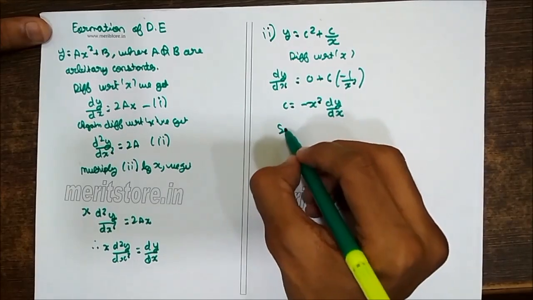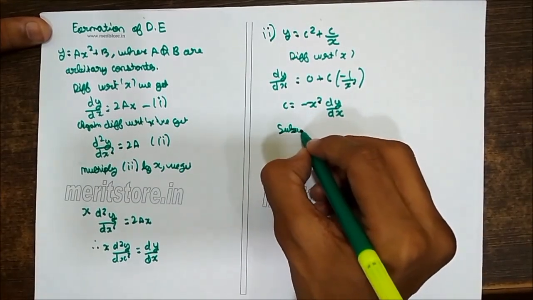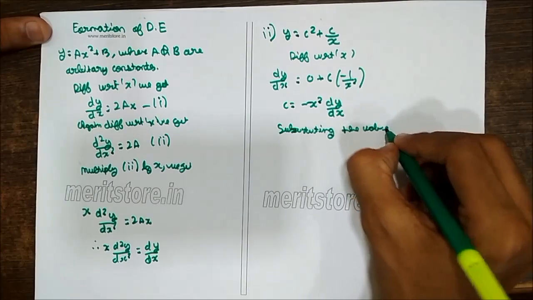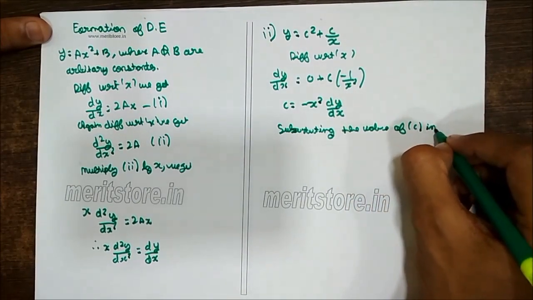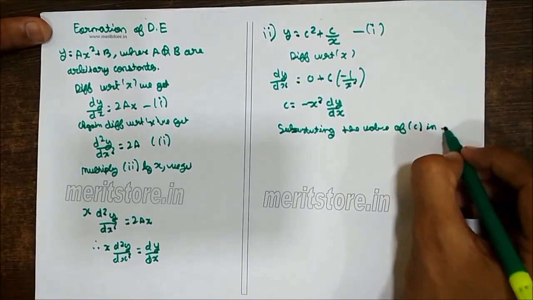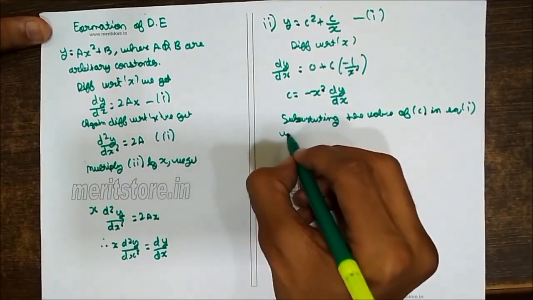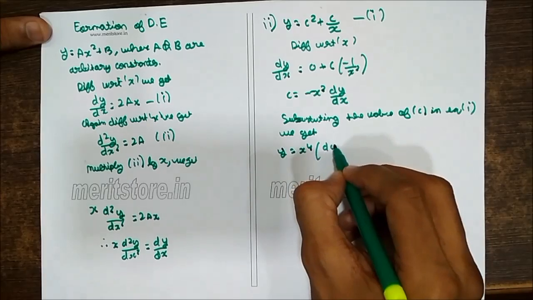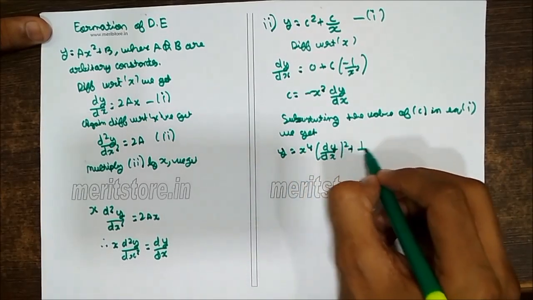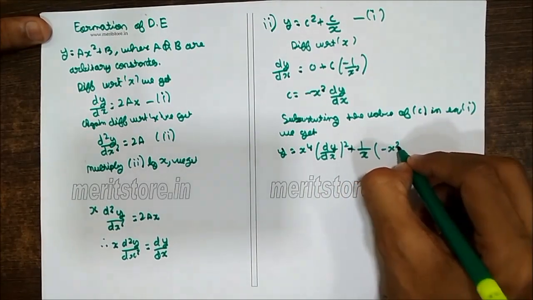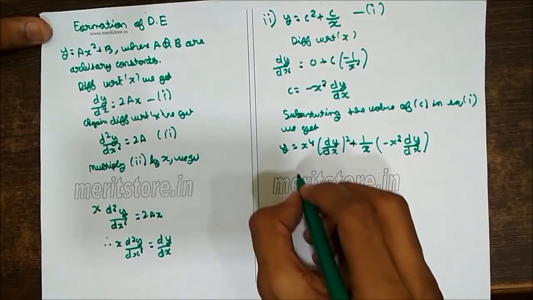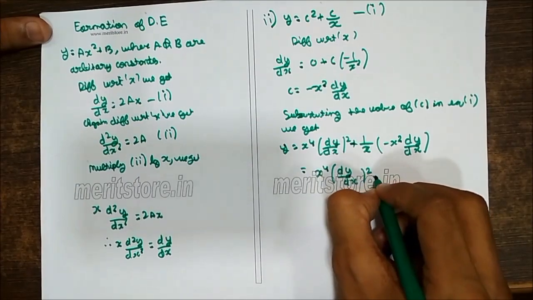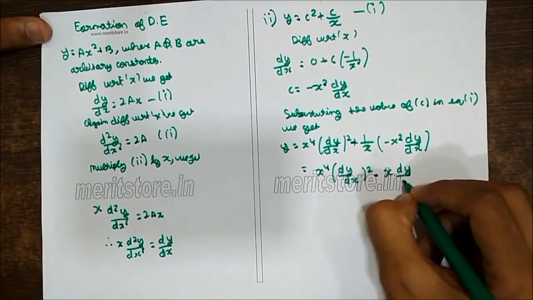Substituting the value of c in equation 1, we get y is equal to x raised to 4 (dy by dx) the whole square plus 1 upon x times minus x square dy by dx, which is equal to x raised to 4 (dy by dx) the whole square minus x dy by dx.